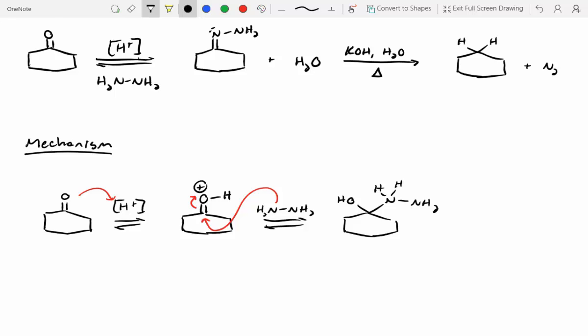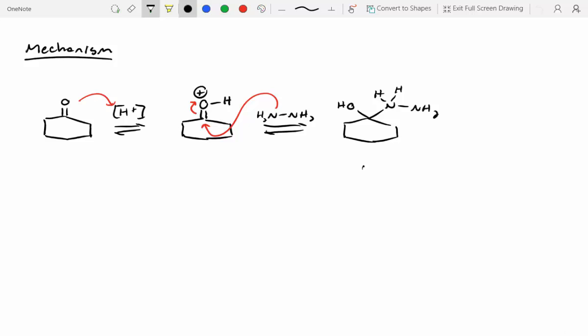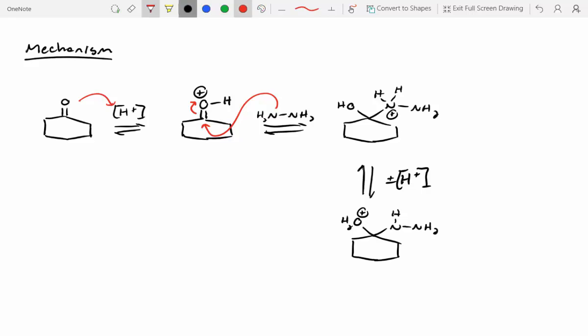And then I'm going to kind of expedite things by just indicating a proton transfer, kind of like we did with our pod. So I'm going to move the proton from this protonated nitrogen right here over to the alcohol. And then we know this nitrogen lone pair that is formed will clamp down, kick off our alcohol.